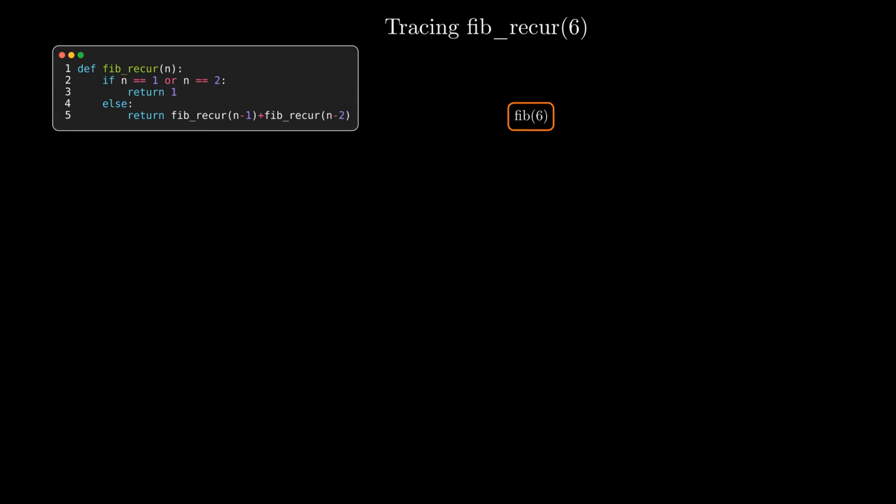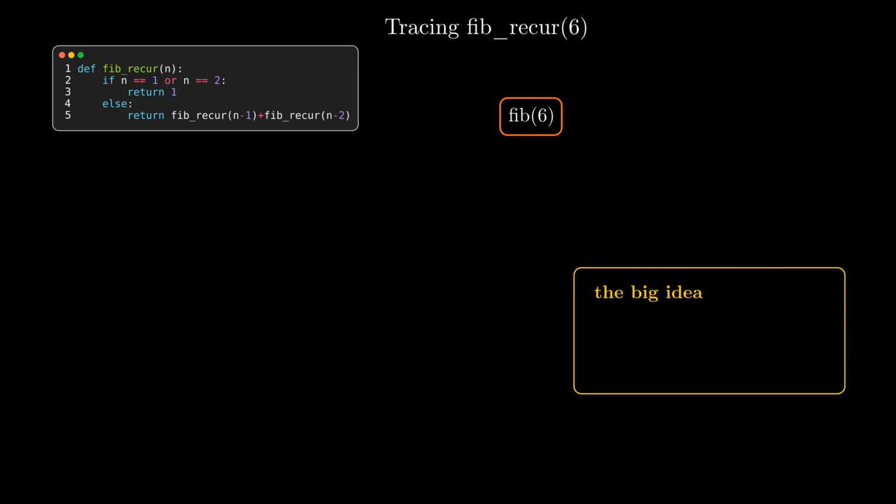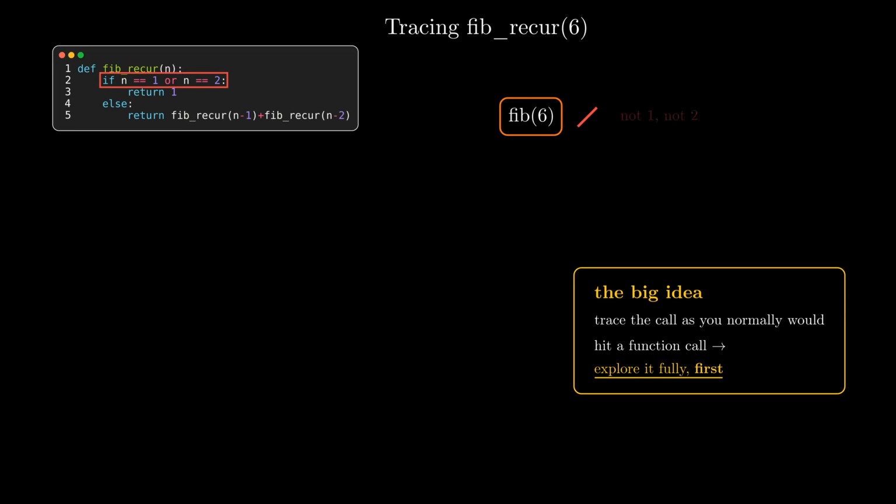Let us calculate Fibonacci of 6, writing each call as just the function name and the argument it was called with. Here is the big idea from last lecture. You trace through a call exactly as you normally would. But the moment you hit another function call, you must go explore that call first, completely, before anything else can happen.